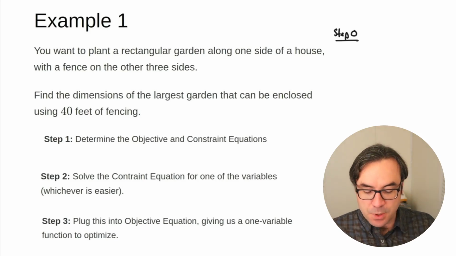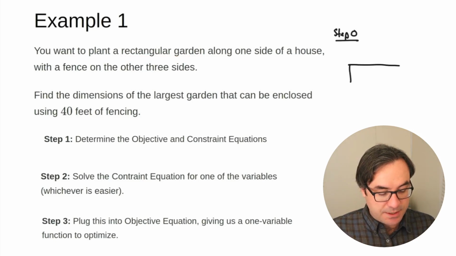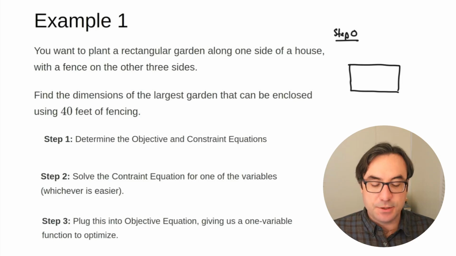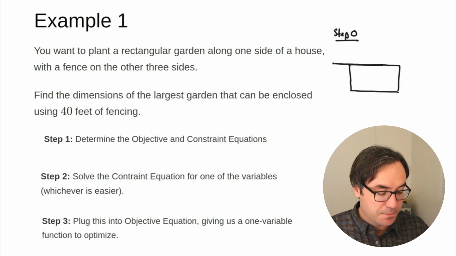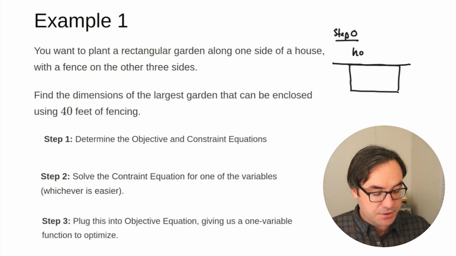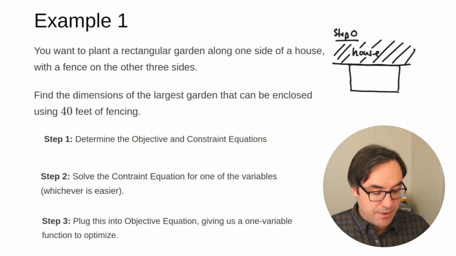All right, so we're going to plant a rectangular garden. So let's draw a rectangle. And we're going to put this along one side of a house. So we could just pick a side, doesn't matter which one. So let's say our house is over here. So here's the house. And here's our garden that we're going to be planting.